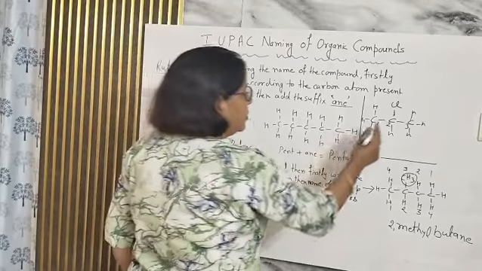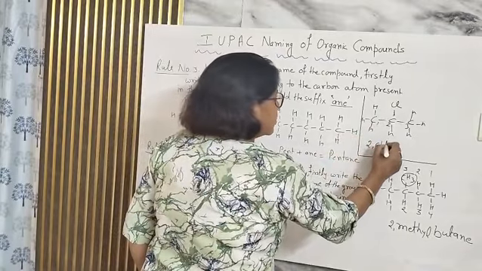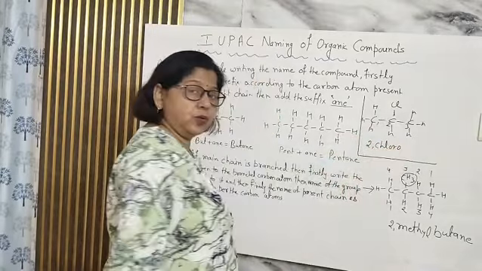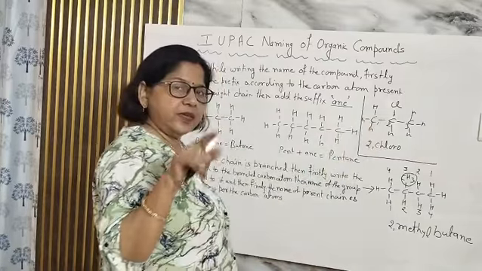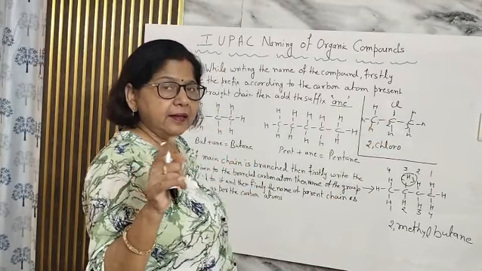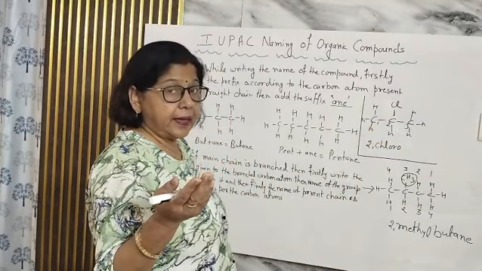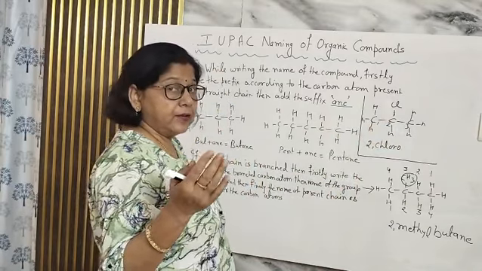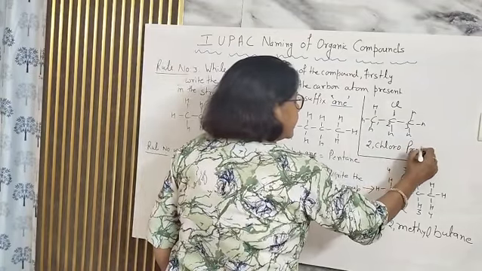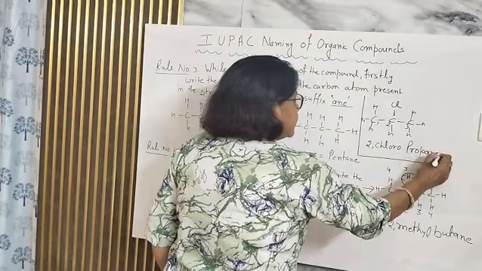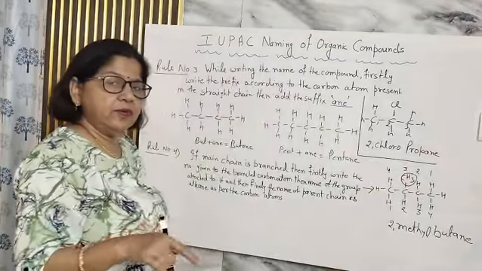Fine. So its name will be 2-chloro. And then 3 carbons are there. From 3 carbons, which is the alkane? Propane. So the name will be 2-chloropropane.